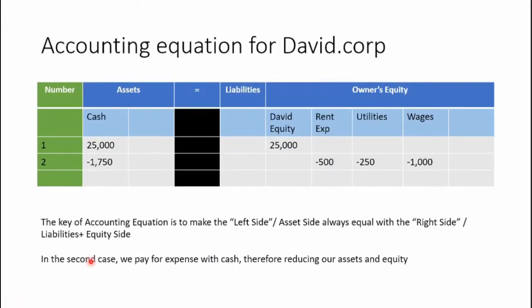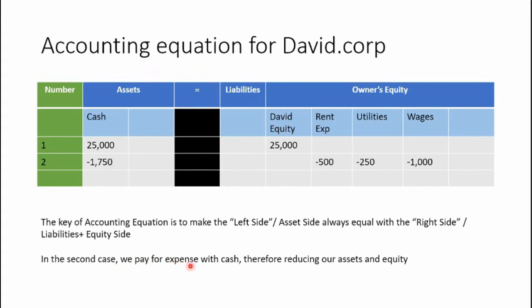Now, in the second case, David Corp needs to pay some expenses. In the example, we have a rent expense, a utilities expense, and also wages for the labor, and we pay it with cash.